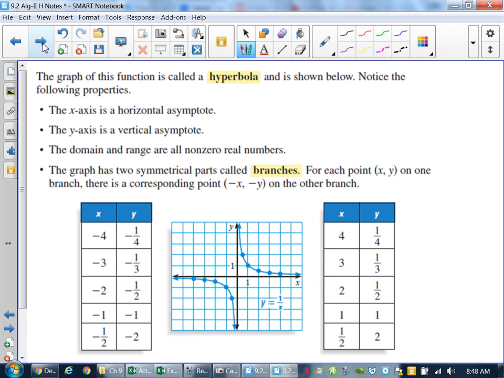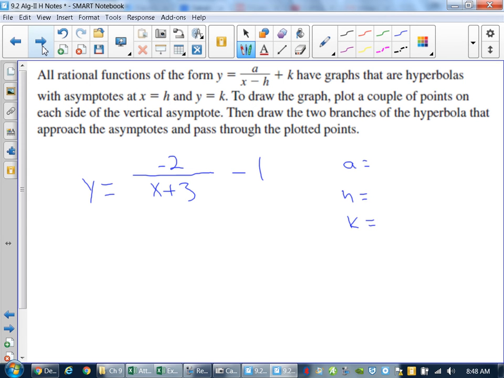It's at 0. So what happens when we start talking about domain and range? Your range is all the y values that it generates, and your domain is all the x values. Obviously, it's all real numbers except at 0, because it's undefined there.